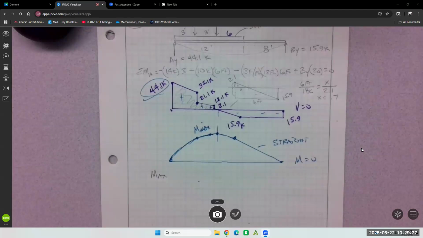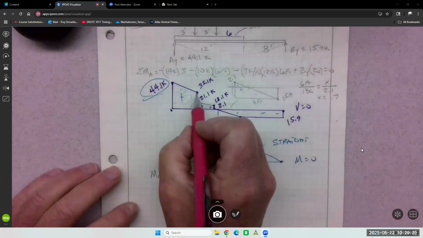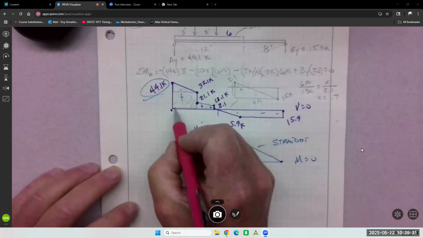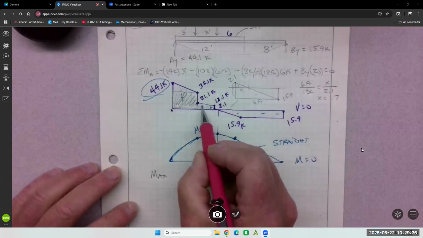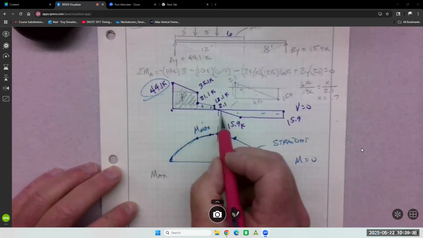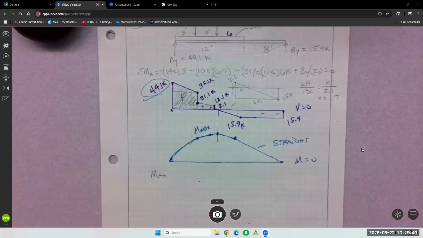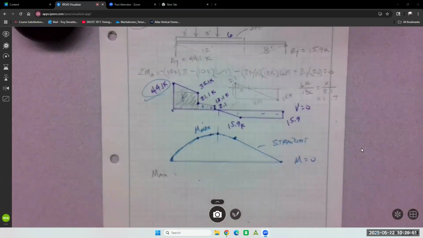I'd probably just do the areas because I can do a rectangle here, a triangle here, a rectangle, triangle, and then this little small triangle to get that moment. So it's a fair bit of work. You have to be careful and make sure you get your numbers right. So I'll try to do it.